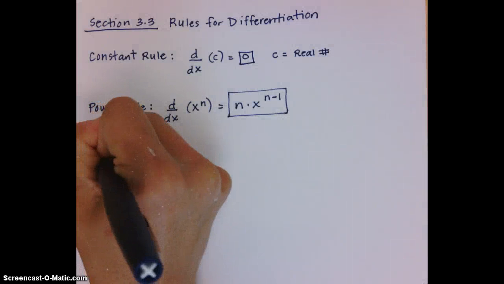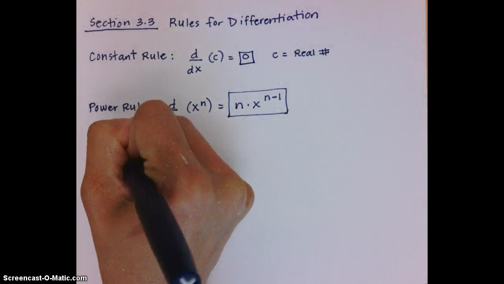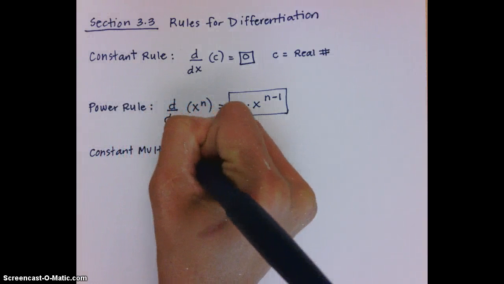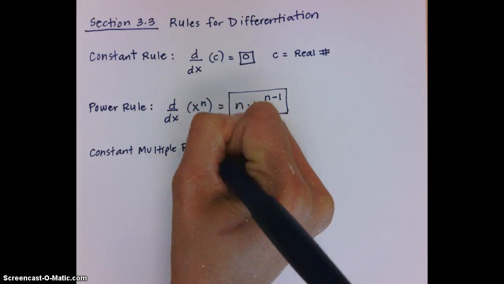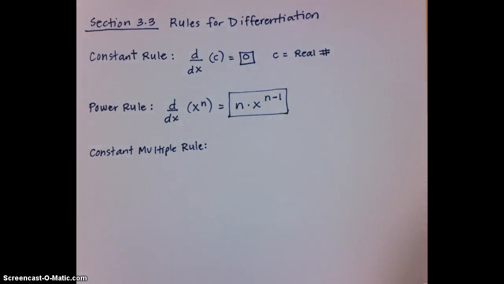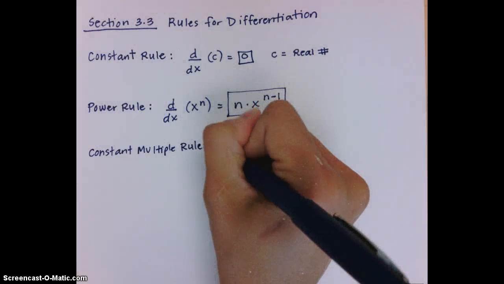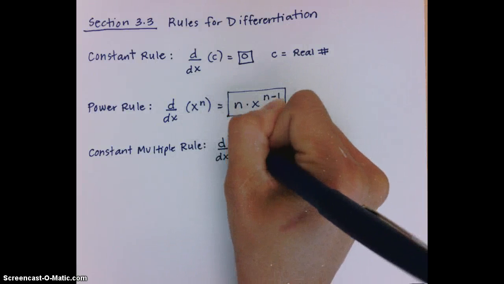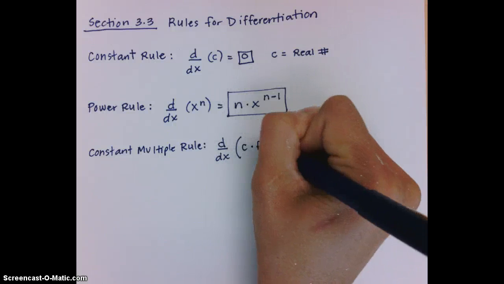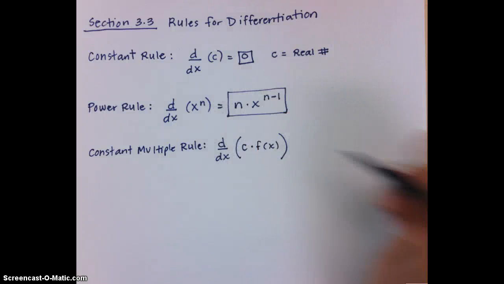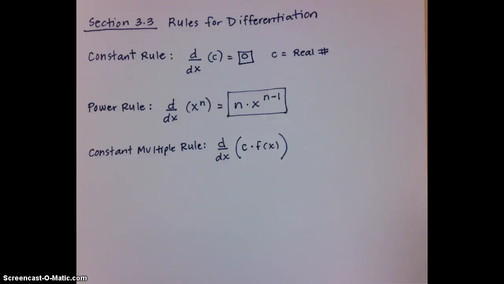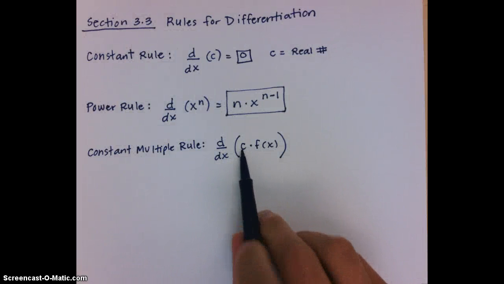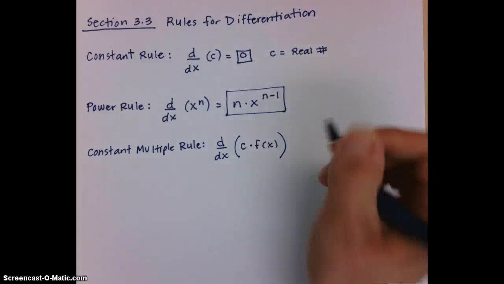Next rule is the constant multiple rule. Essentially what this does is allows us to take any function and multiply it by a constant c. So here I want to take the derivative of some function f of x multiplied by some constant c.